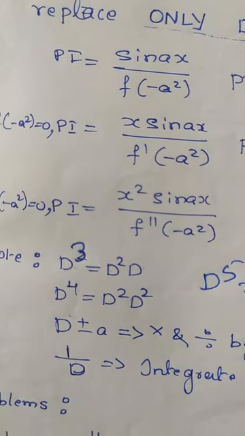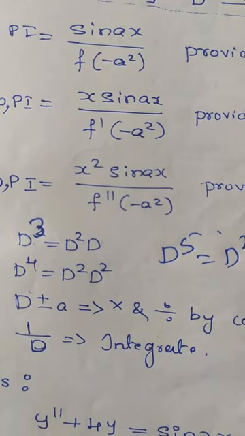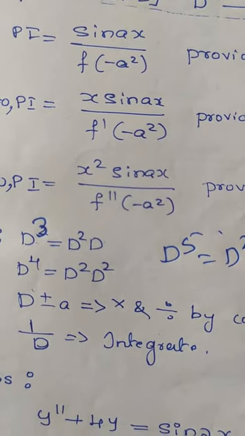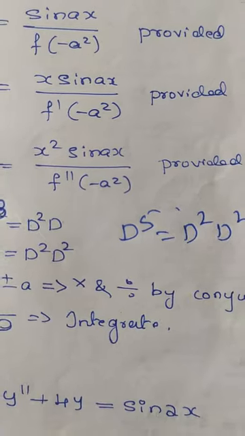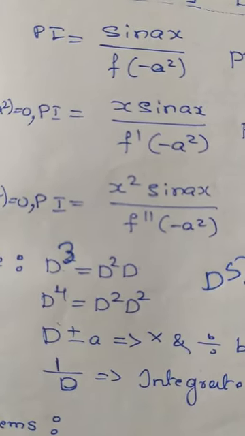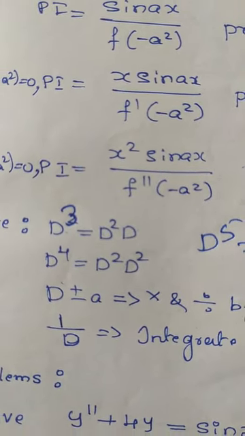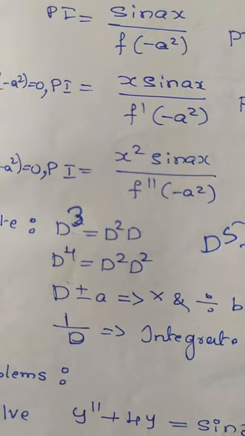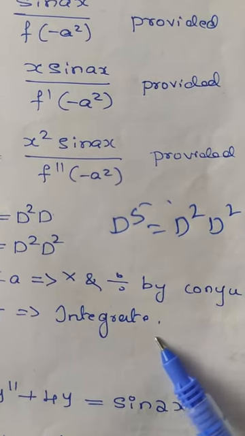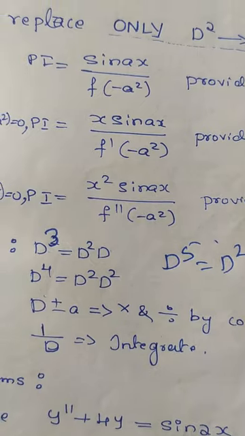If it remains with D minus a, multiply and divide by its conjugate. What is the conjugate of D minus a? D plus a. If we remain only with D in the denominator, that is 1 by D, in that case integrate directly. Integrate only the original function.